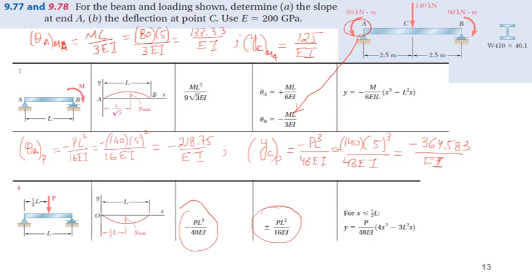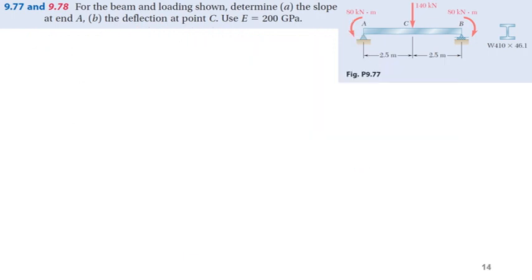Now we know the value of EI, we can find it from the table. The value of E is given, that is 200 gigapascal.